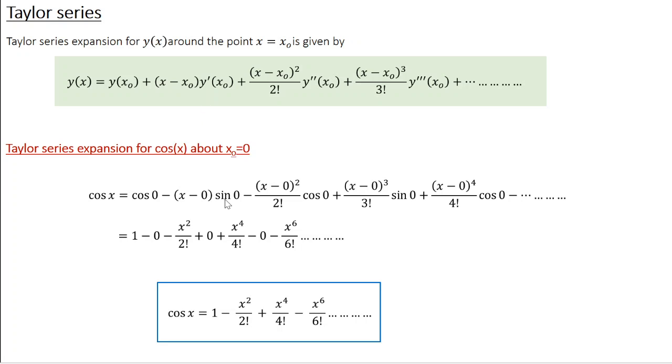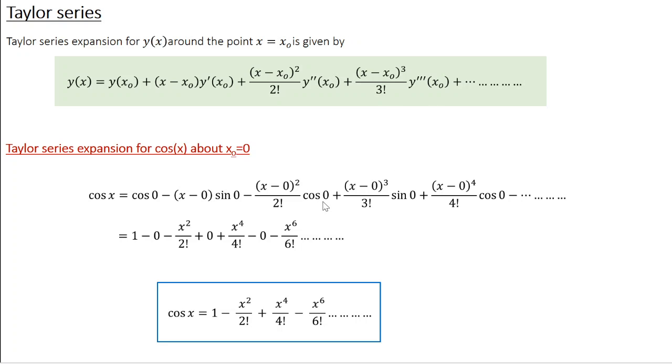This is x minus 0 y prime of x naught. Derivative of cos x is minus sin x and x naught is 0, so you have minus sin 0 plus x minus x naught square, which is x minus 0 square divided by 2 factorial and y double prime of x naught. So derivative of minus sine is minus cos, so you have minus cos 0 plus x minus x naught cube, which is x minus 0 cube divided by 3 factorial y triple prime of x naught.